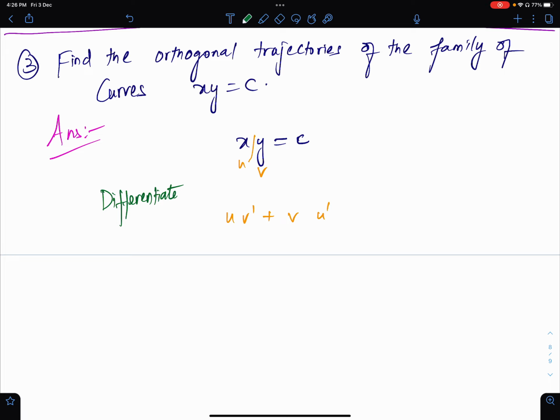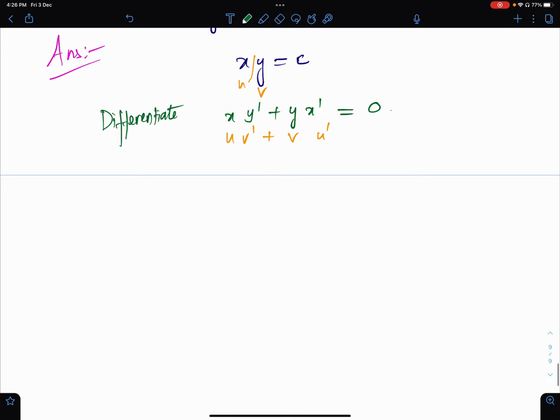When you differentiate, what do you get? It is x y dash plus y x dash is equal to 0. So it is x dy by dx plus y times 1 equal to 0. So x dy by dx plus y is equal to 0.